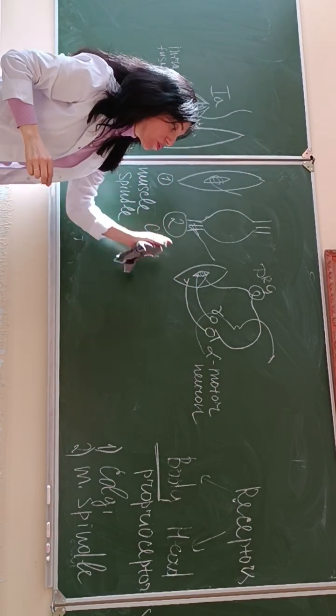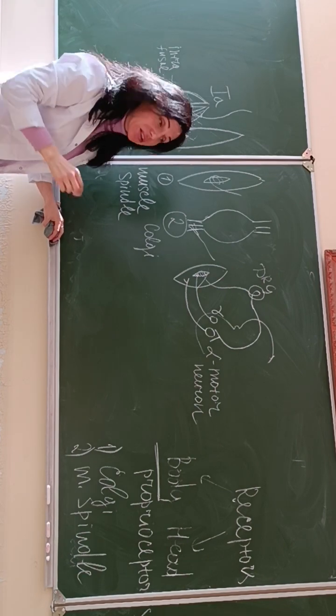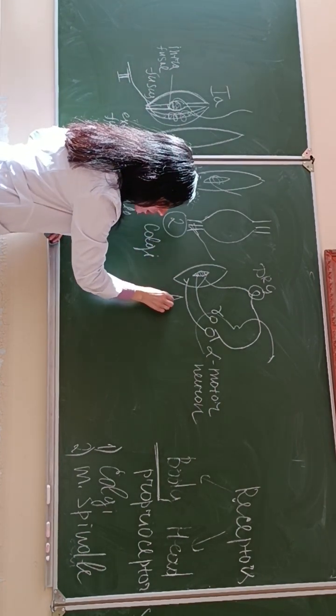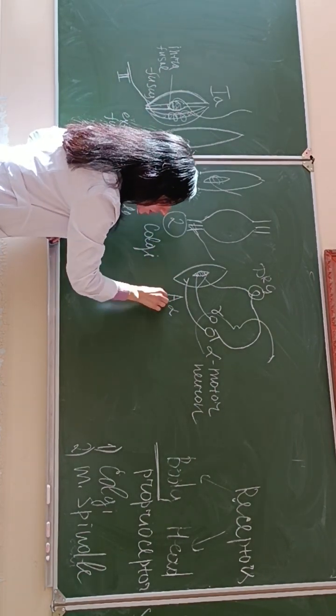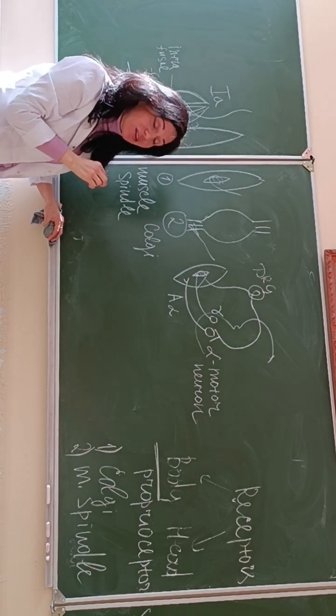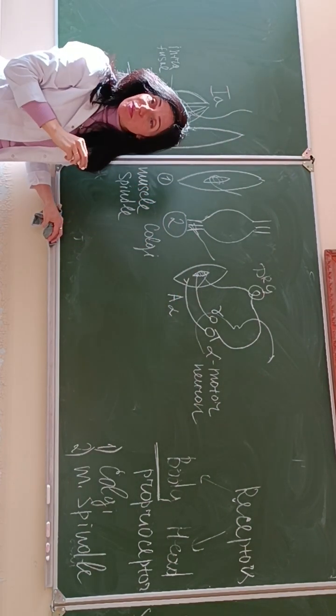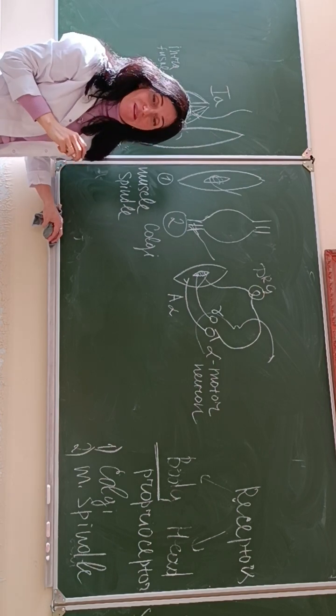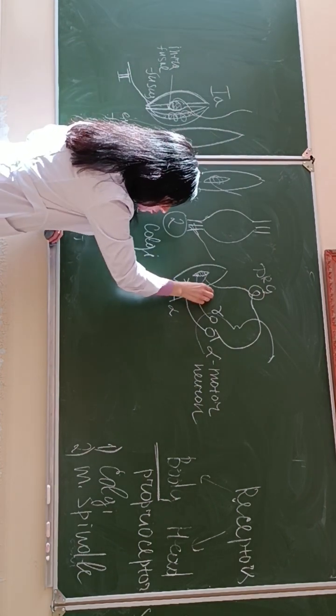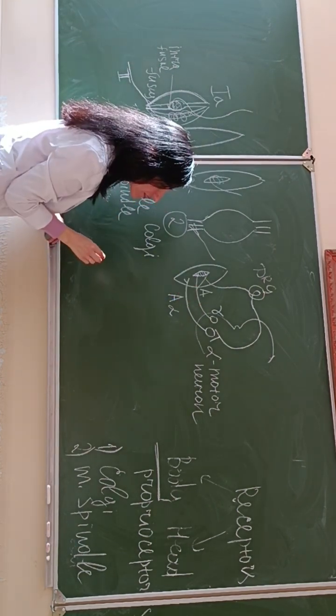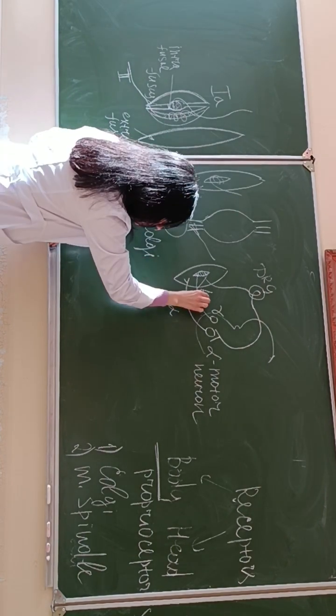Of course, the alpha motor neuron has a nerve fiber of type A alpha, and for gamma, what type of nerve fiber must it be? A gamma. Easy.